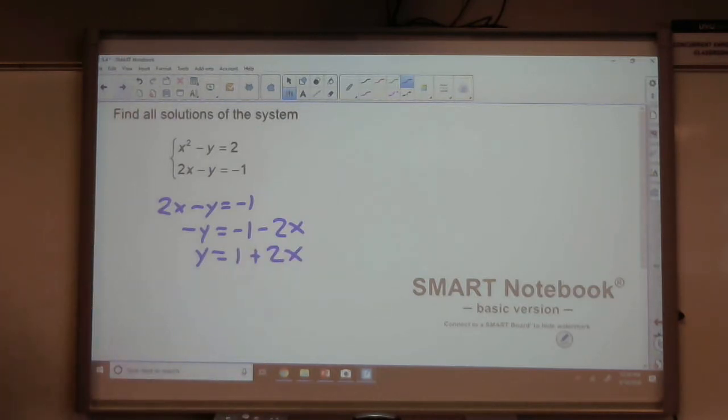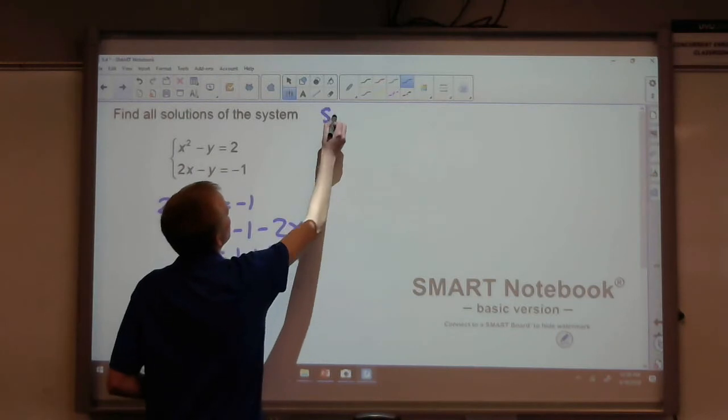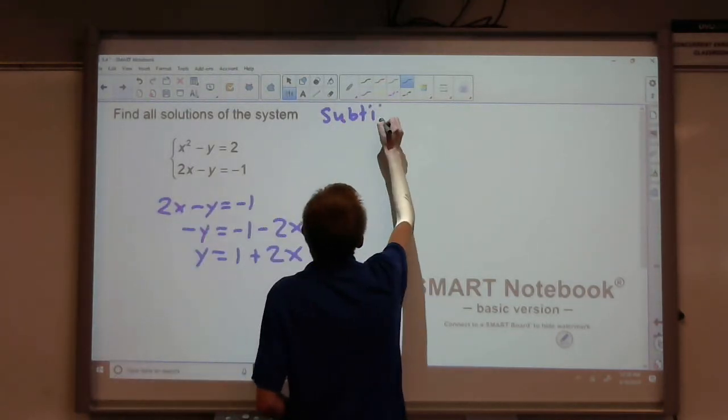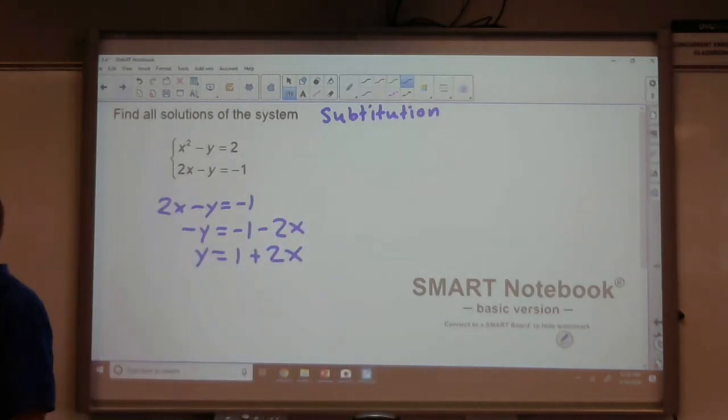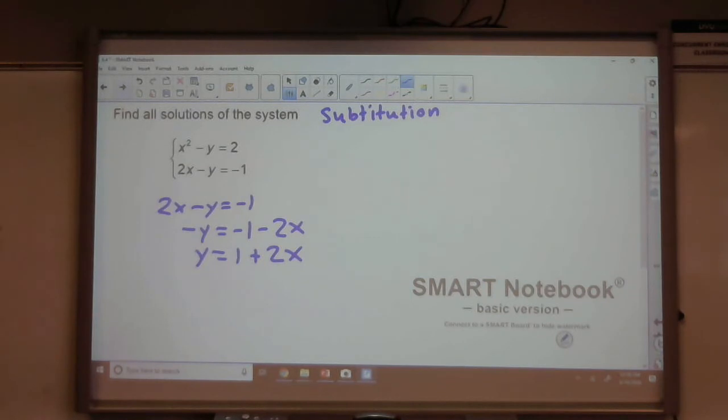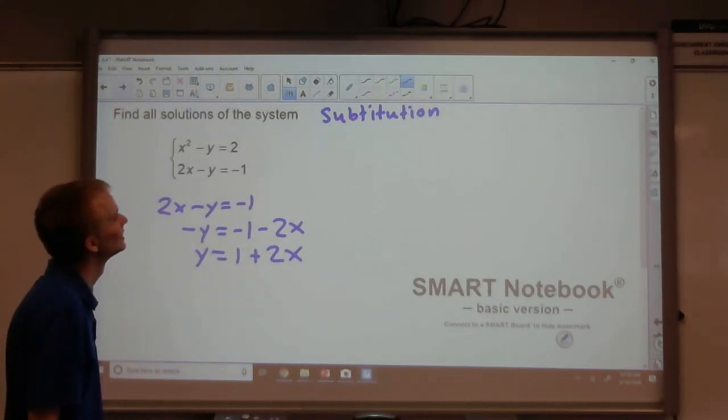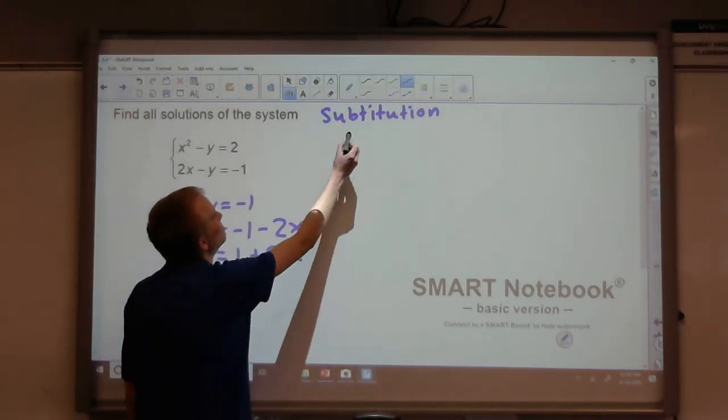Okay. y is 1 plus 2x. Okay? And maybe I'll write up here, I'm using substitution. Okay? So I'm solving for a variable. Whoa, substitution. Should be an S here.